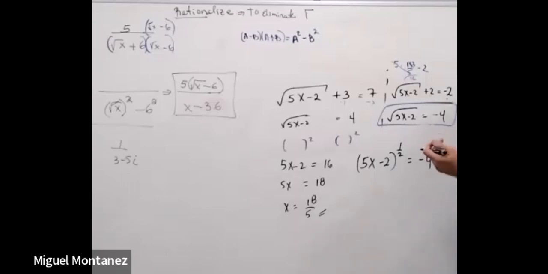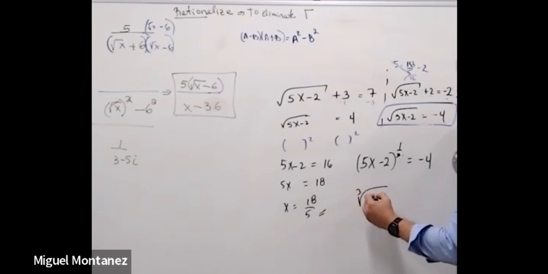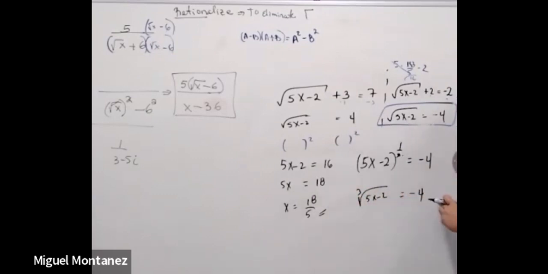No, because this is a square root, right? If it's raised to the 1/3, then it'll be a cube root. It would be the cube root of 5x minus 2 equals -4. Can we solve this equation? Yes or no?